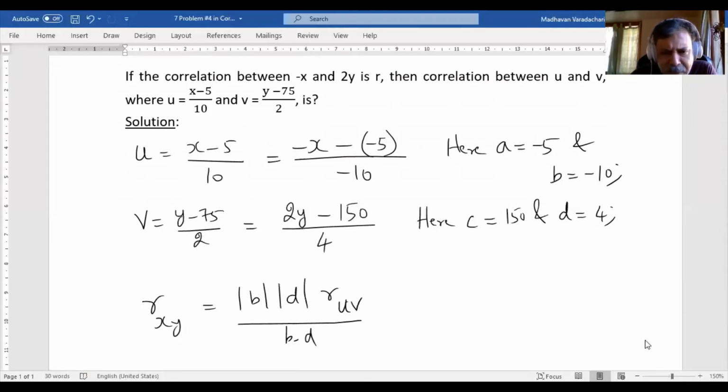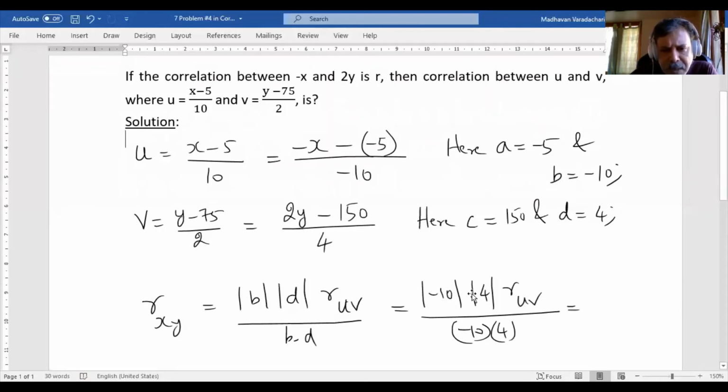Simply speaking, this is modulus of minus 10, modulus of 4 into r of uv by minus 10 into 4. Both of these terms in the numerator will become positive, whereas the denominator will be negative. So ultimately it will get cancelled, but you will have a negative sign.